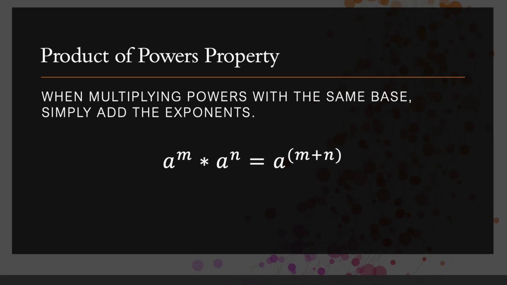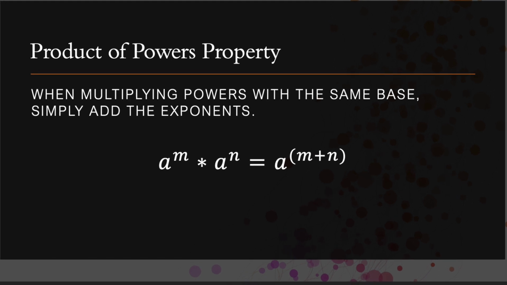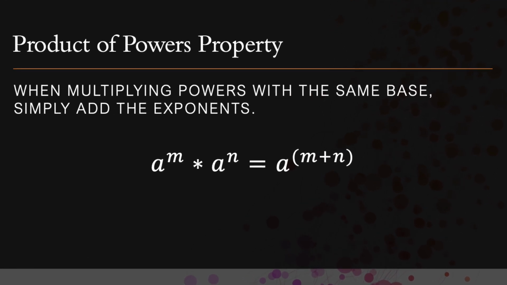So what does the rule look like? This rule is called the product of powers property, or sometimes the product of exponents property. Either way, here's what it says. When you multiply two numbers with the same base, just add the exponents.